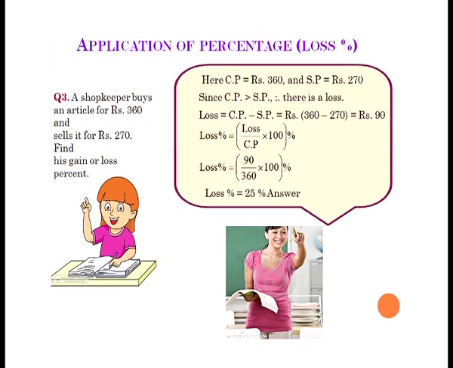The loss percent formula is loss upon cost price multiplied by 100, so loss percent equals 90 upon 360 multiplied by 100, which gives 25%. That means the shopkeeper lost 25% in selling this article.